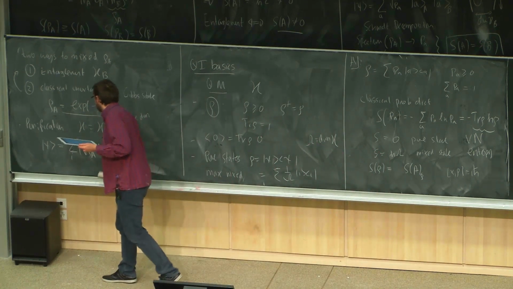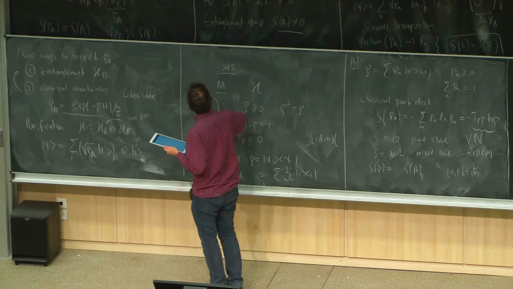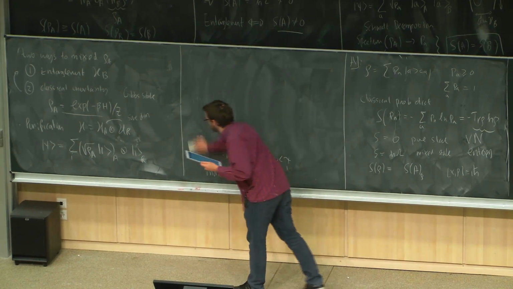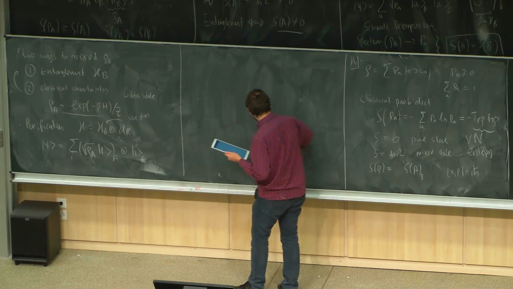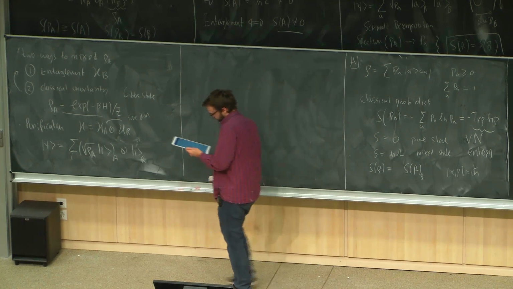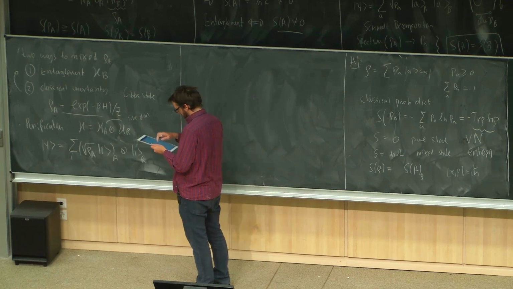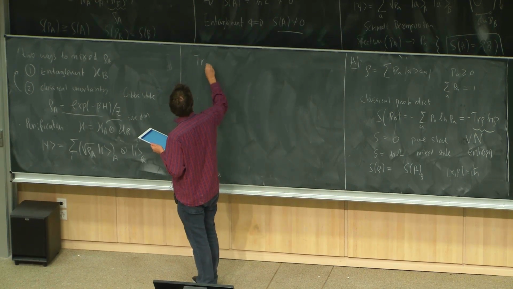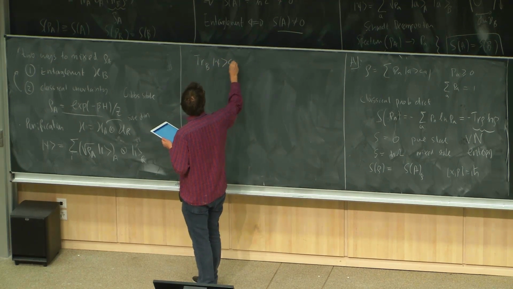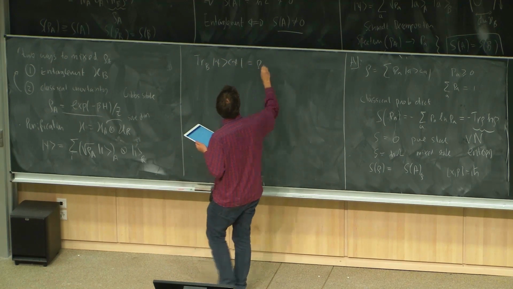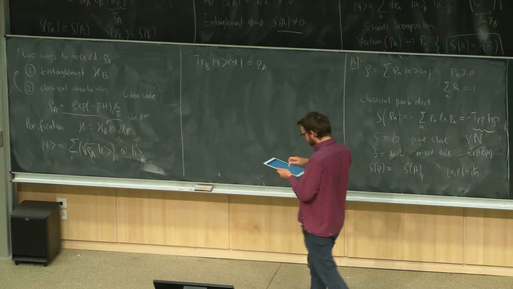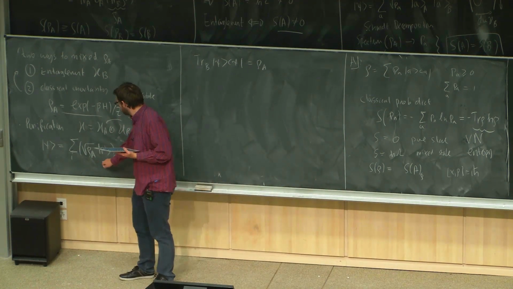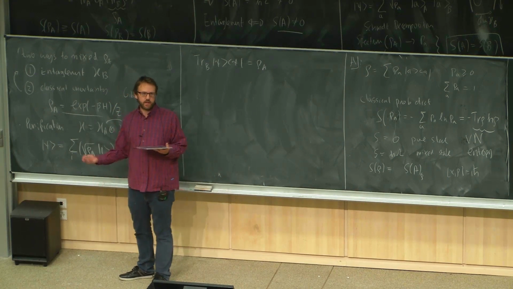You can check this just by computing the reduced density matrix of that, which I'll leave as an exercise. The trace over B of |psi><psi| is just rho A. But there are many choices, right? I didn't specify at all what basis, so any basis would do.